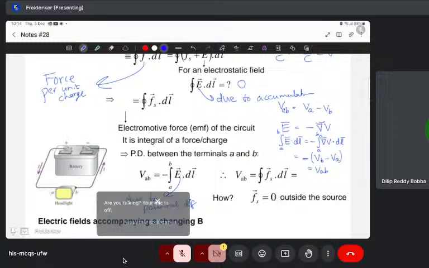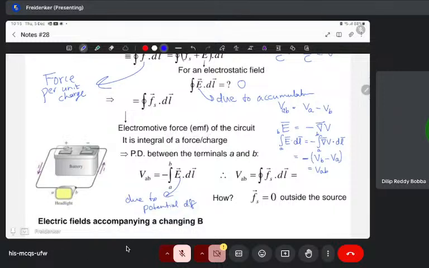Here VAB is integral A to B E bar dot dl, but here they've given minus. So who is right? Either the slide is right or what I wrote is right. Give me 1 minute. Let's see.